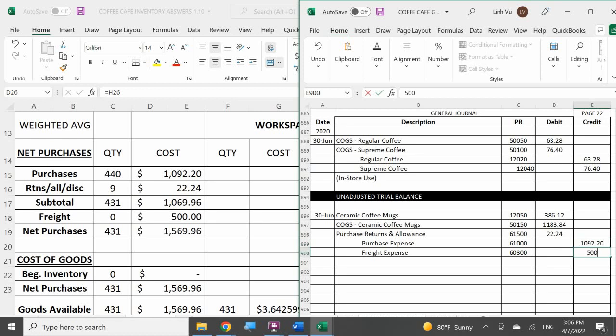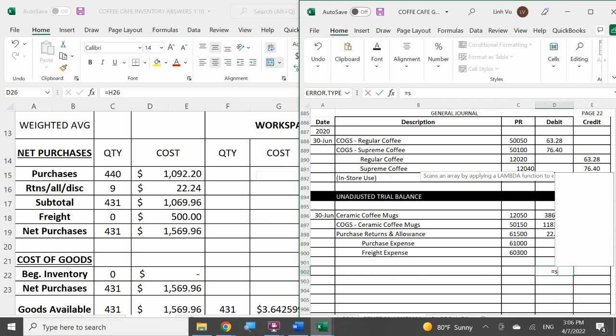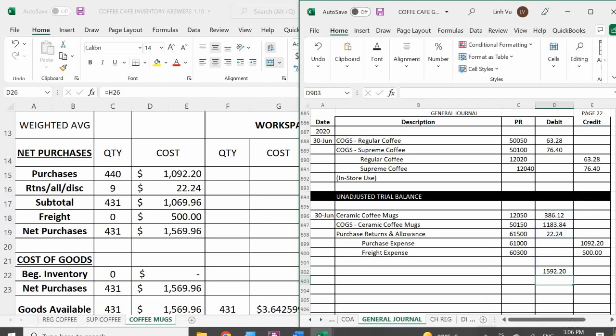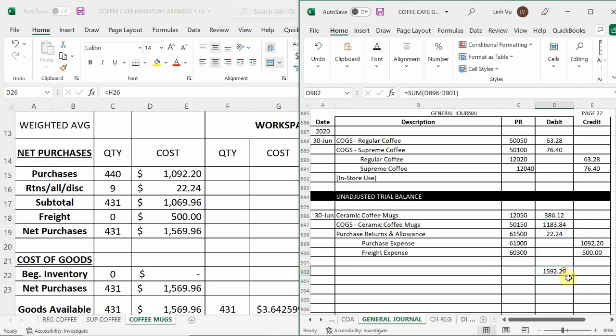Okay. And freight, $500. Let's double check to make sure that no typos and that we don't have a missing account. So I have a total of $15.92.20 on the left with $15.92.20 on the right. So good. We did our conversion entry correct.